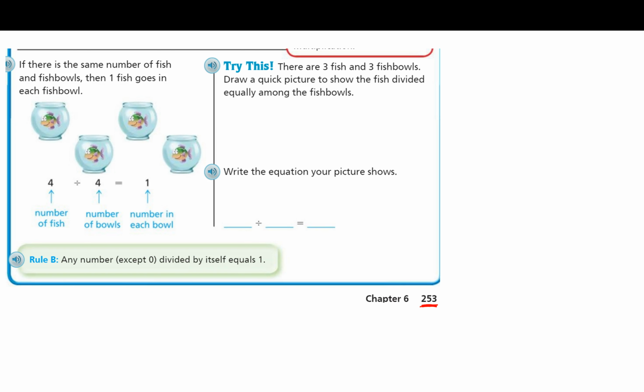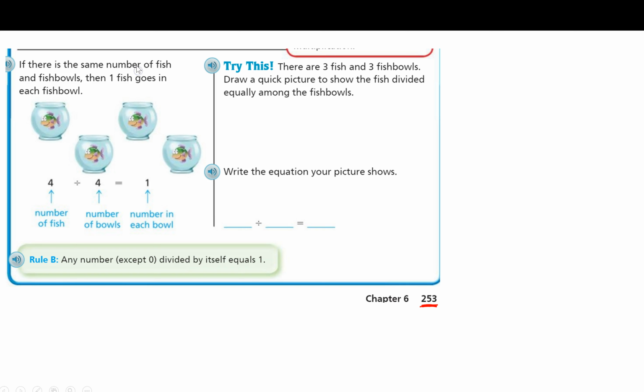Okay, if there is the same number of fish and fish bowls, then one fish goes in each fish bowl. So, number of fish, 4 fish, 1, 2, 3, 4.